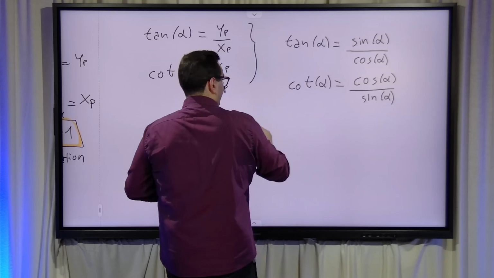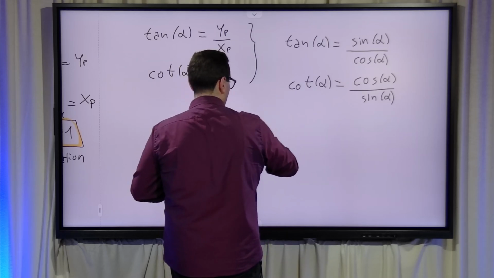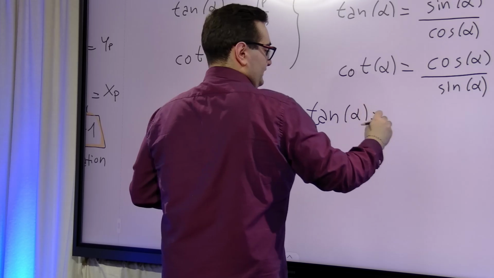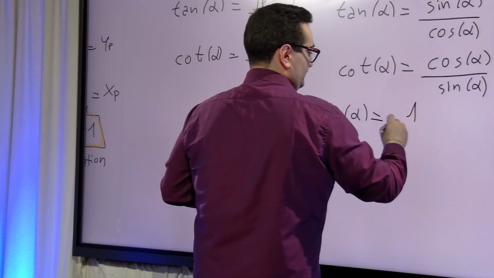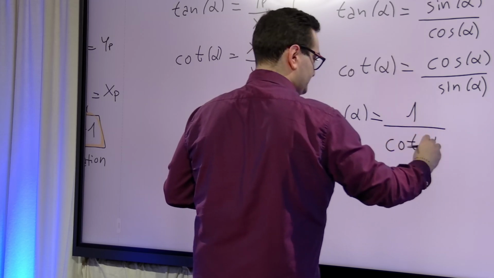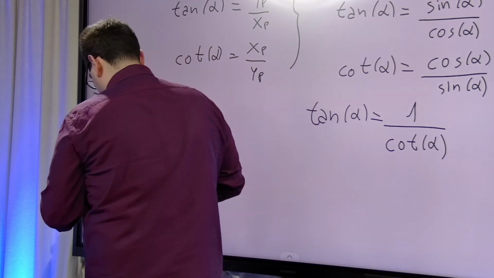We can also write that the tangent of alpha is the reciprocal of the cotangent of alpha.